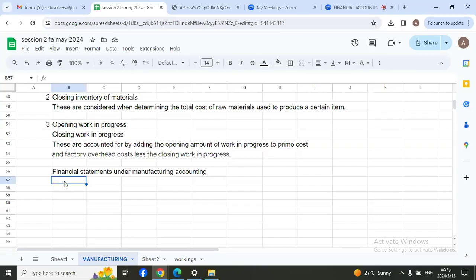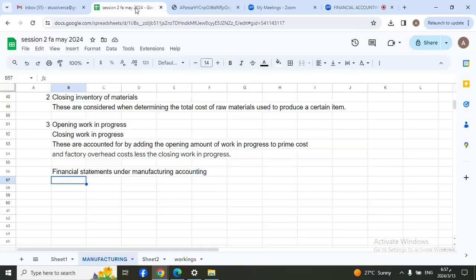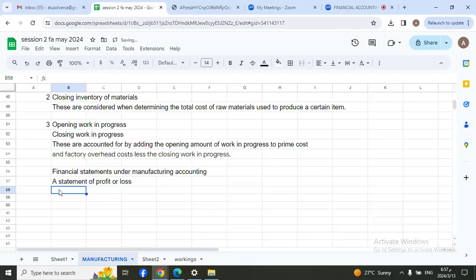Therefore, at this level, we prepare a statement of profit or loss, then a statement of financial position.